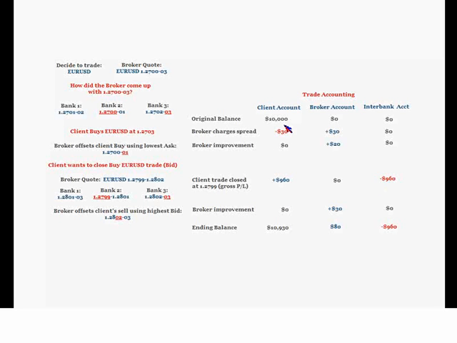And the funny thing here is that the broker may have started a transaction with one bank and closed the transaction with another bank, which really shows the power of the interbank market done well. There are people that need to buy and some people who need to sell the currency: banks, corporations, hedge funds, investors.